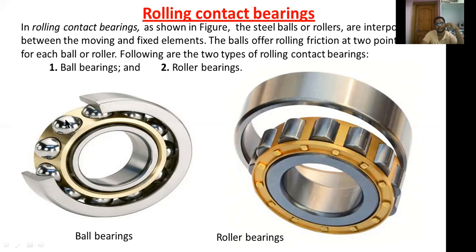The balls are used in ball bearings, and the rollers are used in roller bearings. The rollers may be of cylindrical shape or spherical shape, and the balls are in sphere shape.